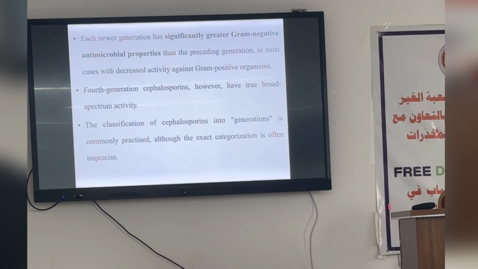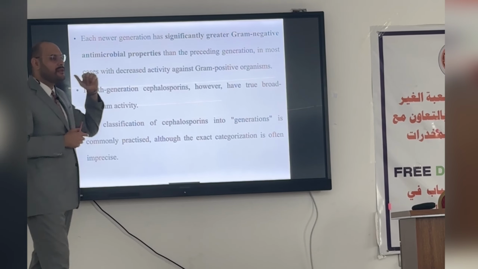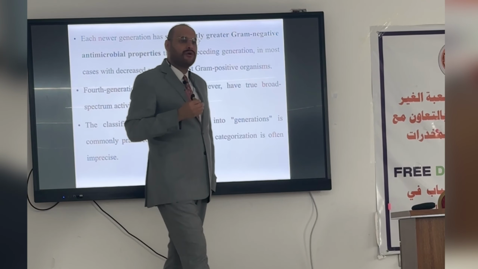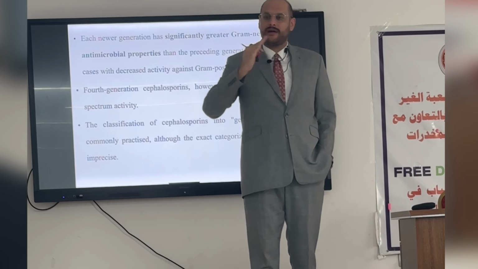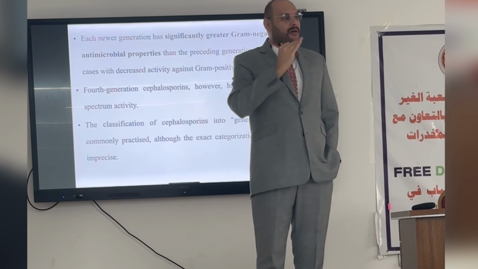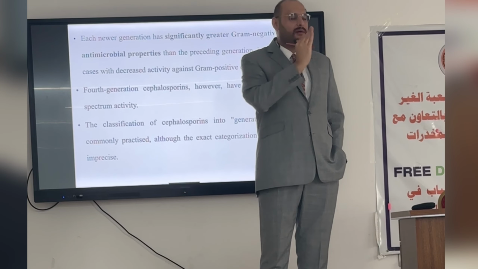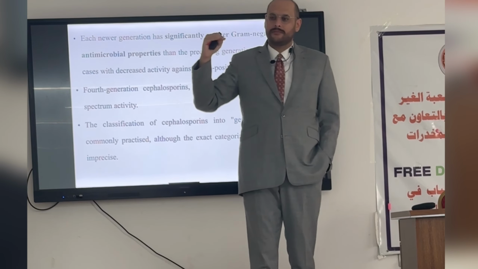Each newer generation, meaning generation 5 compared to generation 1, or generation 4 compared to generation 2 or 3, has significantly greater gram-negative antimicrobial properties than the preceding generation. يعني كل مرة نروح من واحد للثاني ومن الثاني للثالث ومن الثالث للرابع gram-negative activity يكون أكثر.